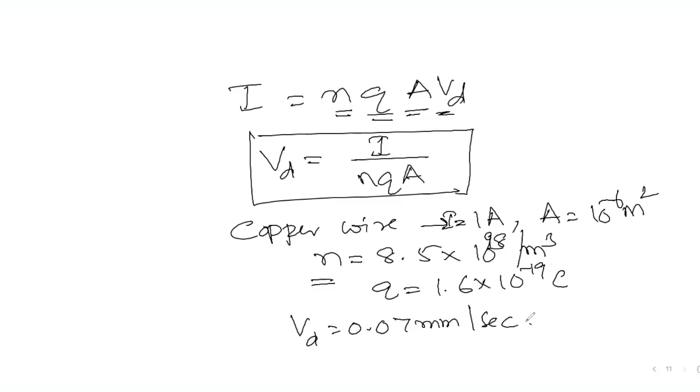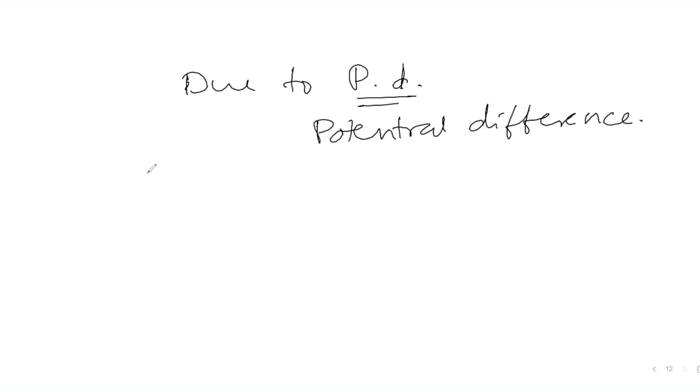Now from this, what can you understand? The electrons are moving very slowly. But when you switch on the circuit, the bulb glows immediately. How is it possible? This is due to potential difference, PD, connected to the circuit.